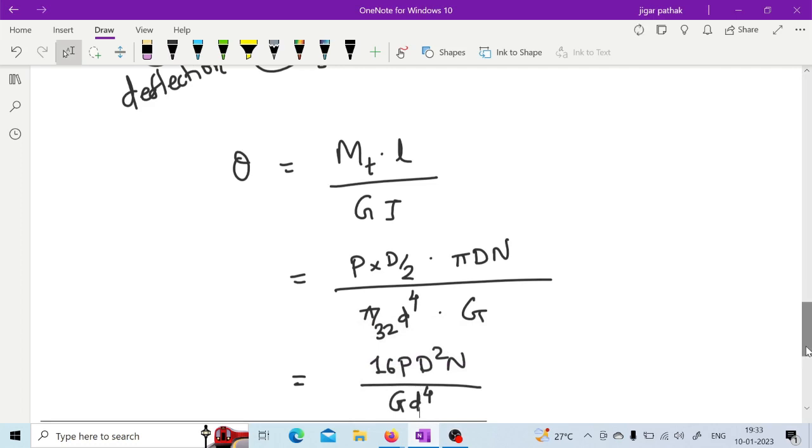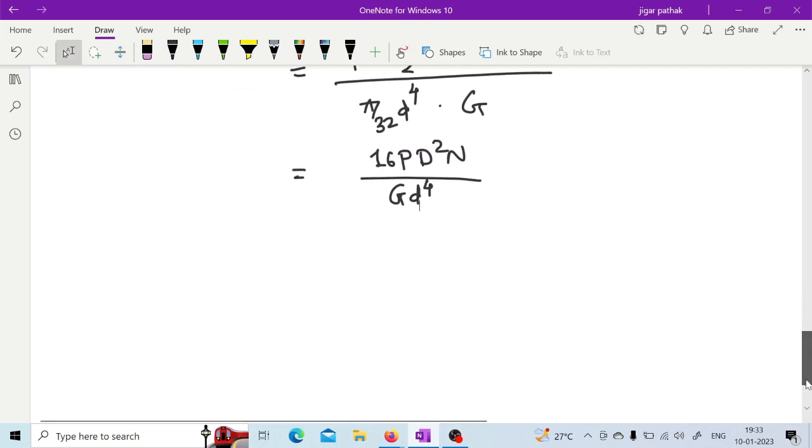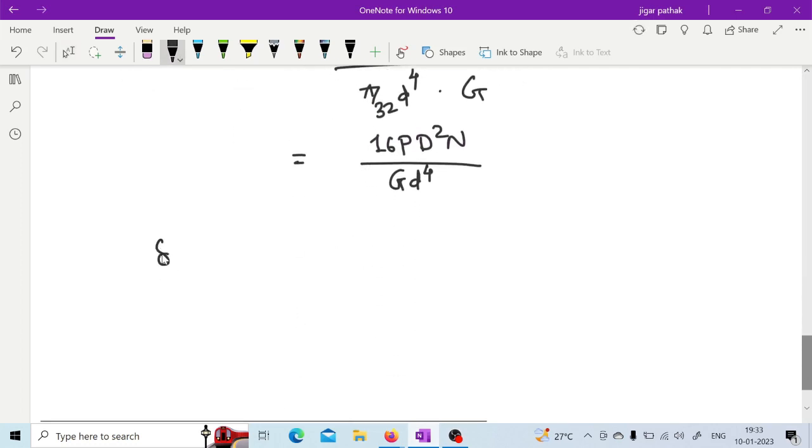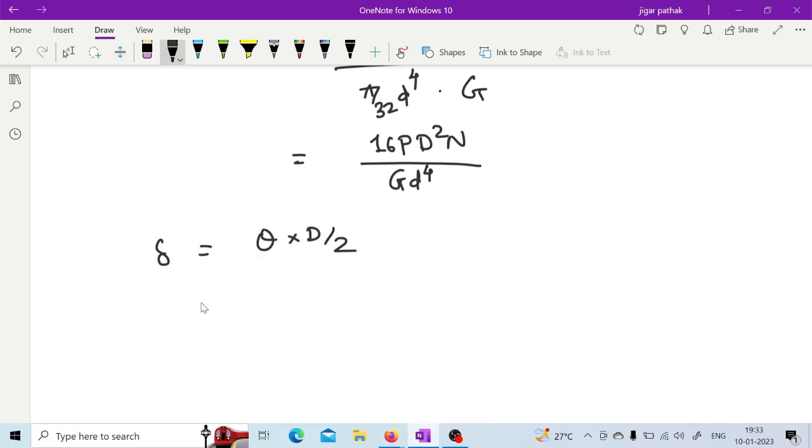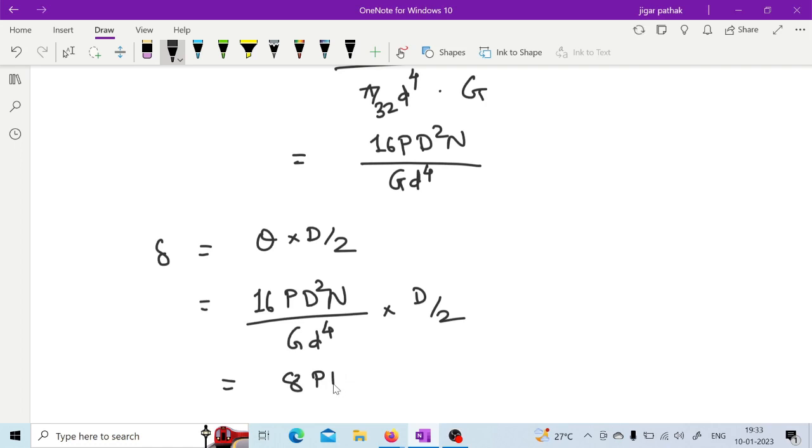So now once you have angle of twist, you can calculate the deflection, because deflection is nothing but theta into d by 2, as we have seen from that figure. So theta you have calculated as 16 P d square n by G d raised to 4 into d by 2. So it will give you 8 P d cube n upon G d raised to 4.